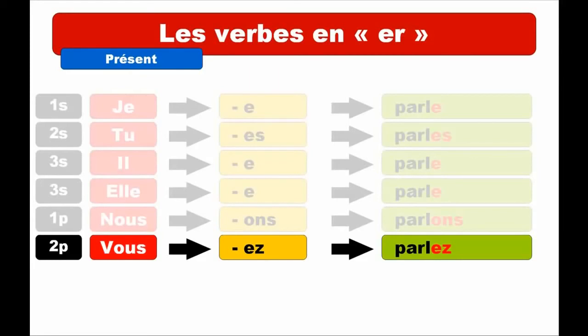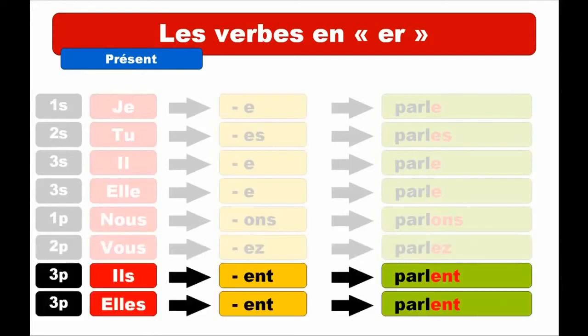Repeat. Vous parlez. And finally, for ils, elles, the third person plural, the ending is ent. But it's actually quite easy because you pronounce it il parle, elle parle. You don't pronounce the nt, so phonetically you get the same form as for je, tu, il, elle of the singular.